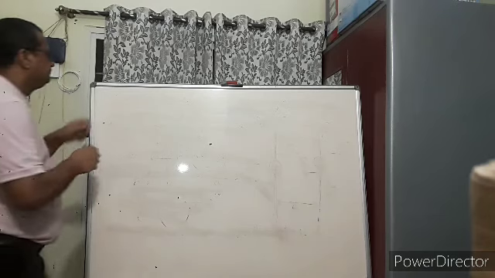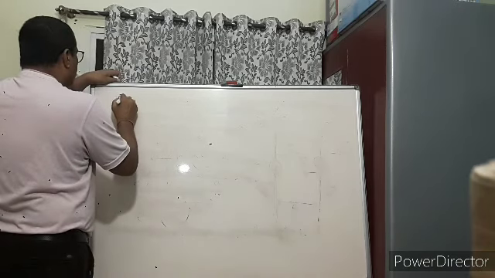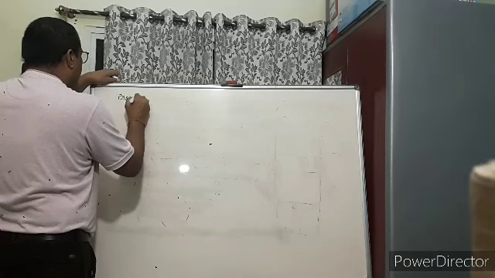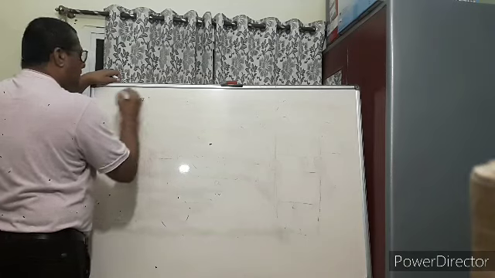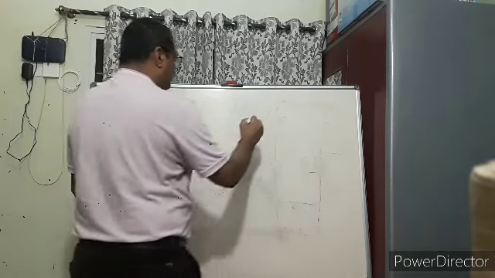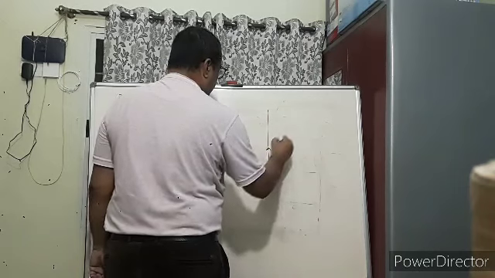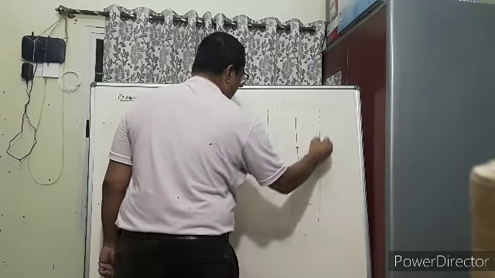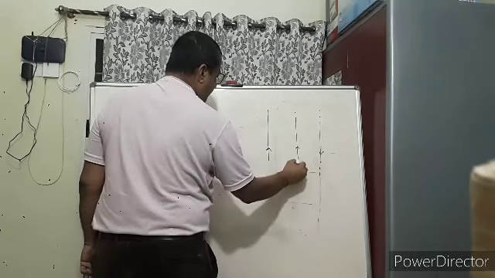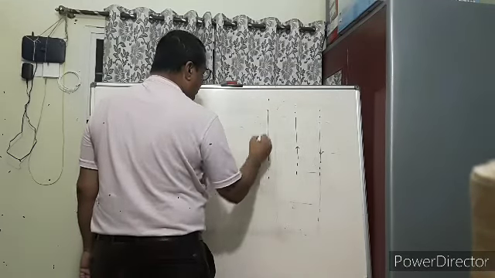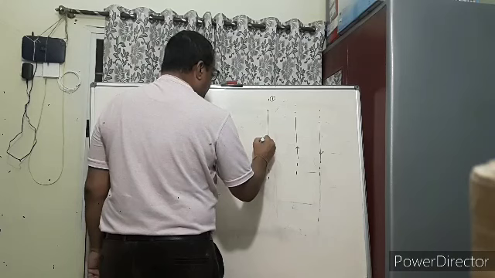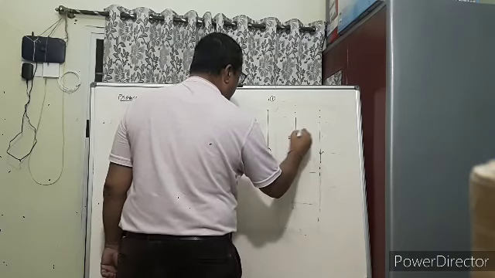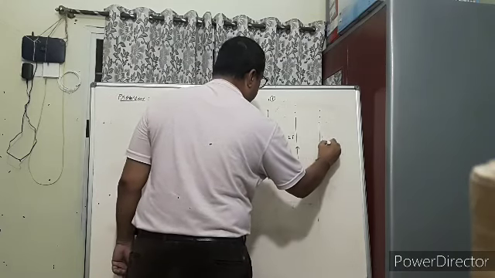Problem. There are three wires. Current is flowing in the three wires. In the first wire it is I, in the second wire 2I, and in the third wire 3I.